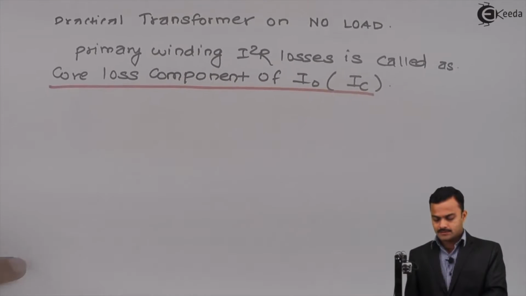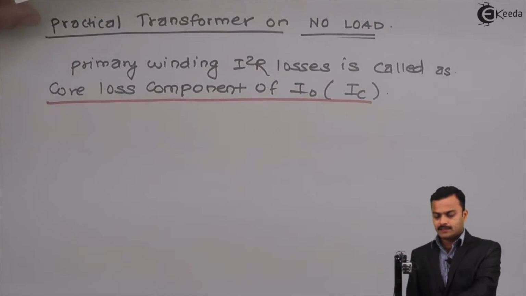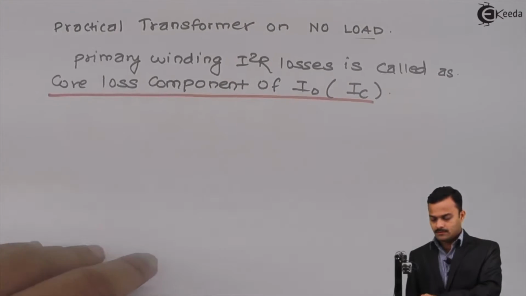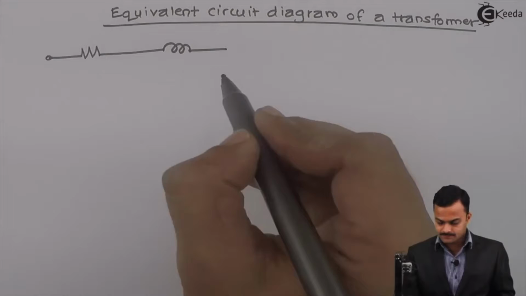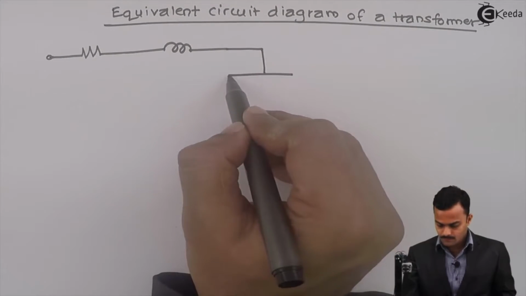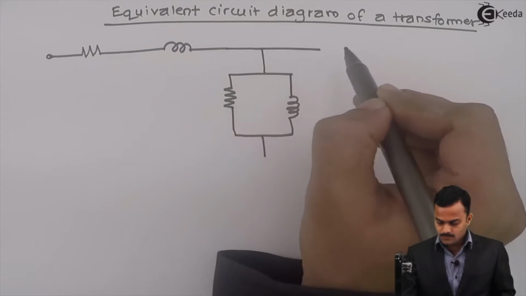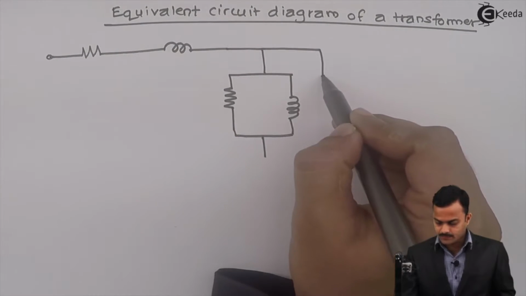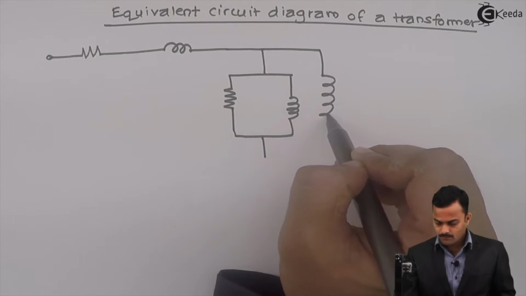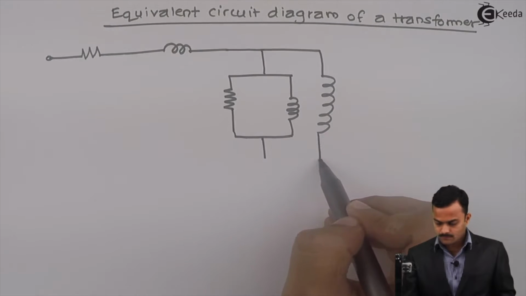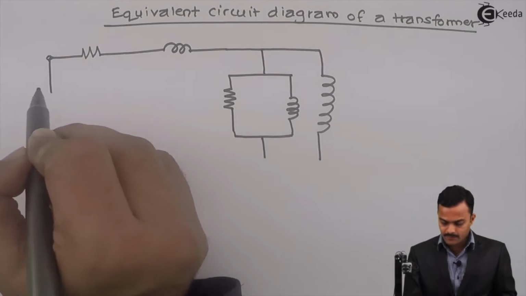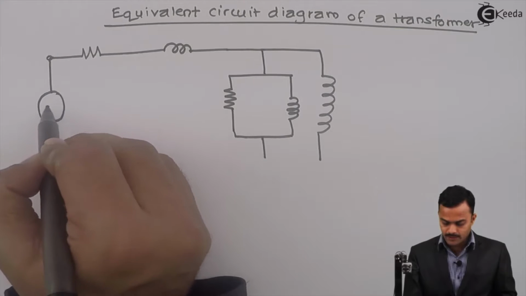So these two parts can be represented in a transformer like this. So this is the primary side of a transformer. Why is it called primary? Because here I am going to connect a supply.